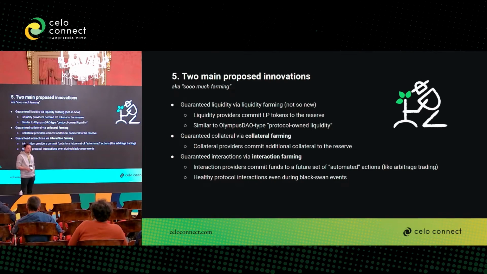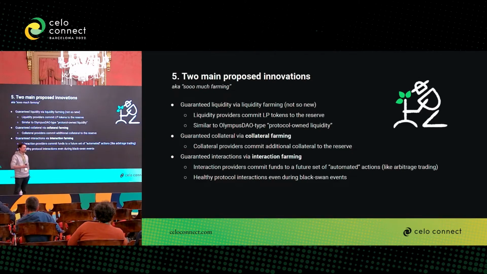Now, liquidity farming is a concept that you all already know, right? And guaranteed liquidity is also not really a new thing. We would shamelessly steal it from something like Olympus DAO, where I think the core innovation is that protocol-owned liquidity actually helps because it guarantees liquidity, right?